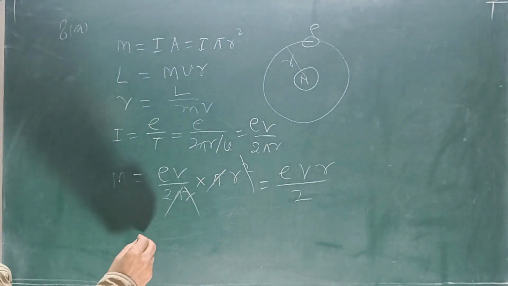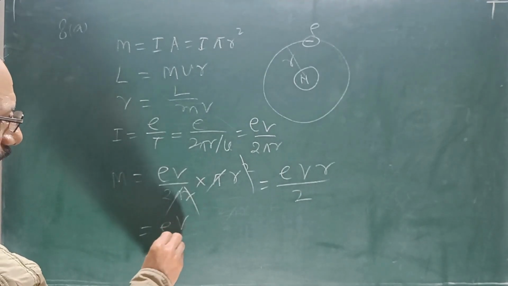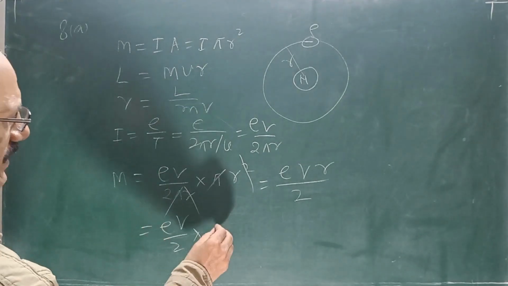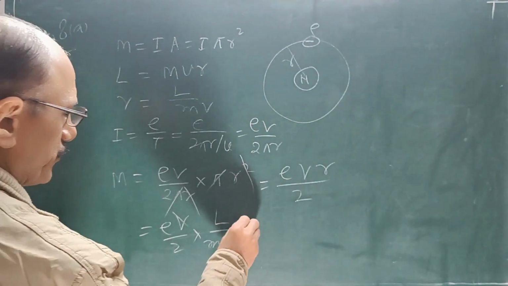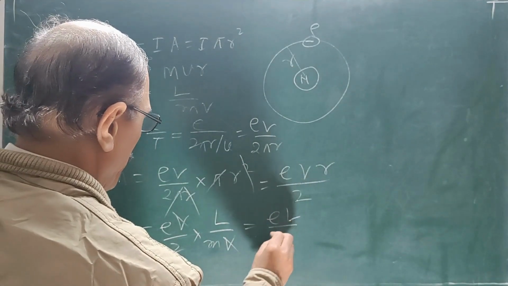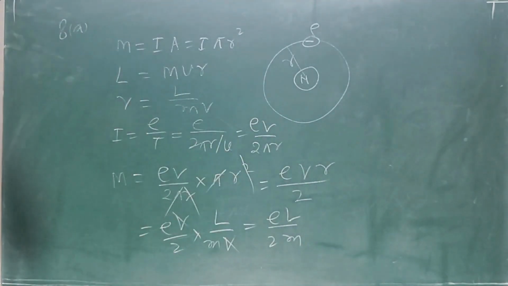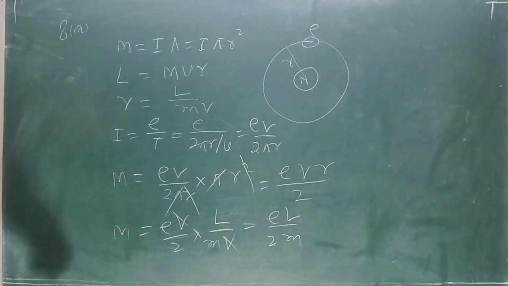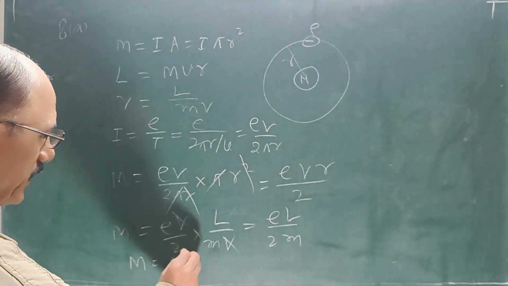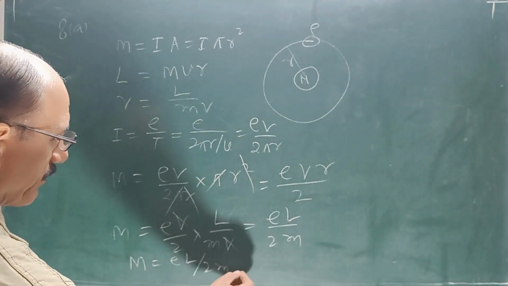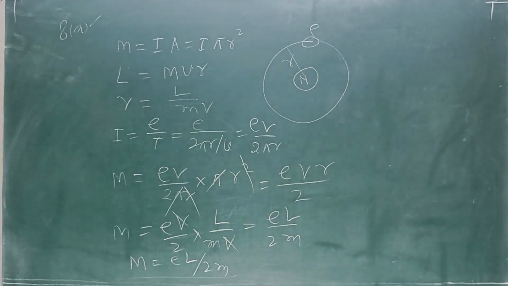The value of r is L upon mv, so v gets cancelled and you get eL upon 2m. That is the magnetic moment, and the correct option is A, eL upon 2m.